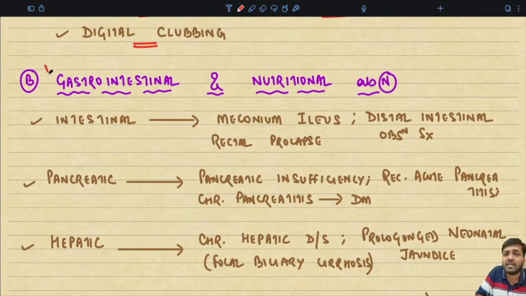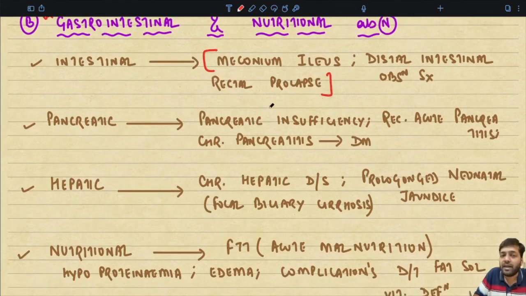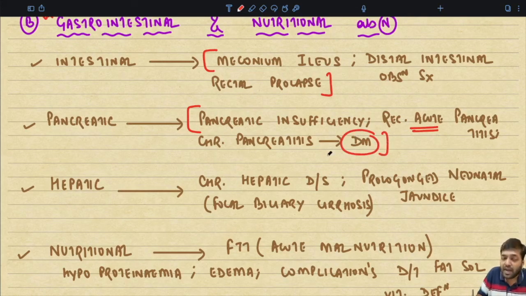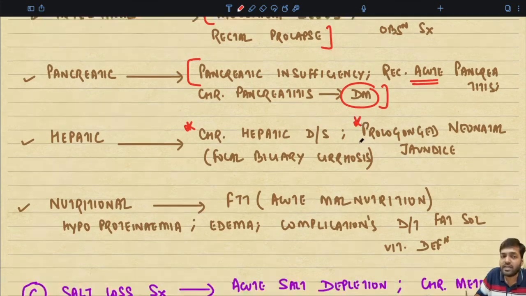Now, the gastrointestinal and nutritional abnormalities. In the intestine, infants can present with meconium ileus, distal intestinal obstruction syndrome, and rectal prolapse. In the pancreas, they can have pancreatic insufficiency, recurrent acute pancreatitis, chronic pancreatitis, sometimes even involving the endocrine part, leading to diabetes mellitus. Hepatic, they can have chronic hepatic disease, as we have already discussed, focal and then diffuse biliary cirrhosis, and prolonged neonatal jaundice.